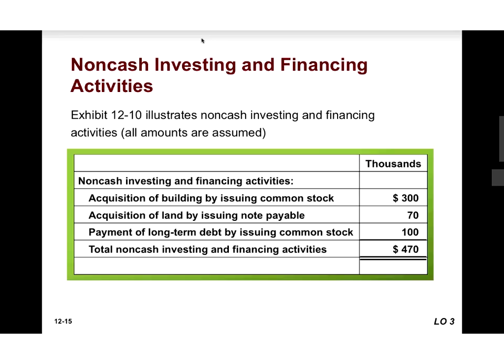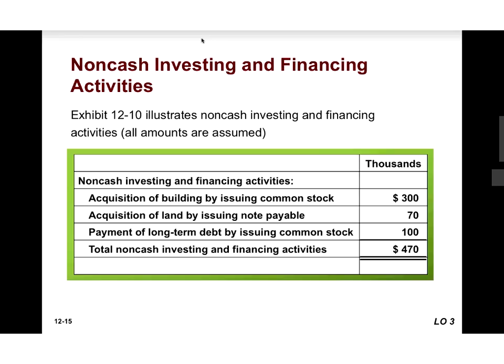The thing that you need to know is some of these items, non-cash investing and financing activities, even though cash is not involved, they're reported at the bottom of the statement, kind of like a footnote. We're not going to do them specifically, but here, if we bought a building by issuing common stock, there is no cash. That's not investing or financing because there is no cash involved, but it goes in kind of a disclosure part of the statement at the bottom. Acquisition of land by issuing a note payable, so we borrowed money to buy land, no cash involved.